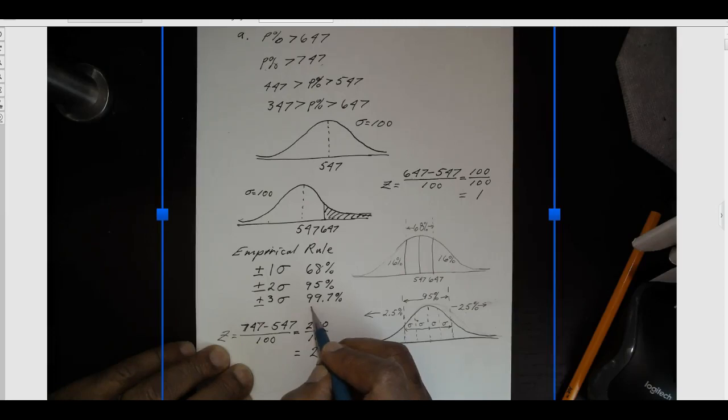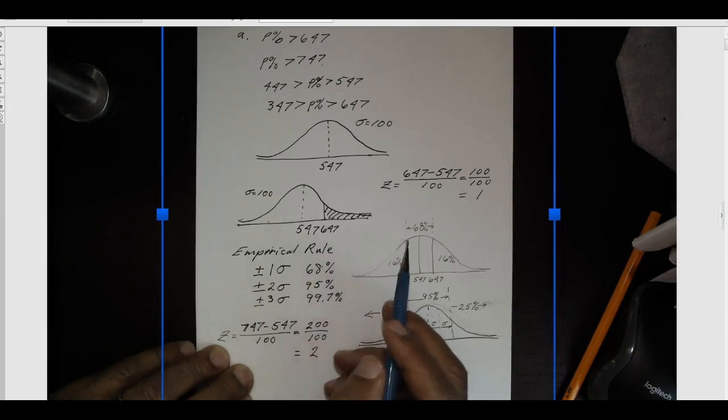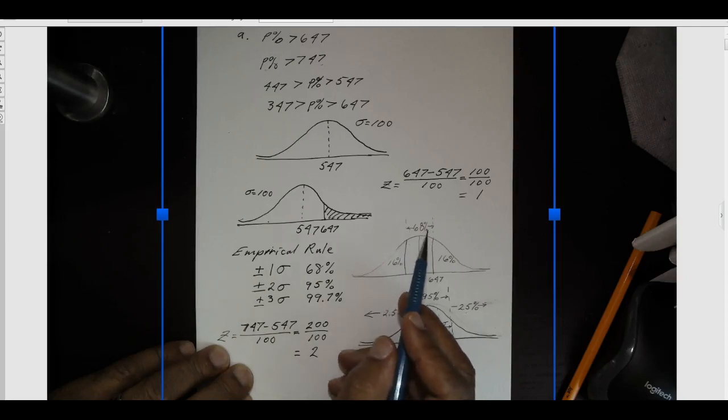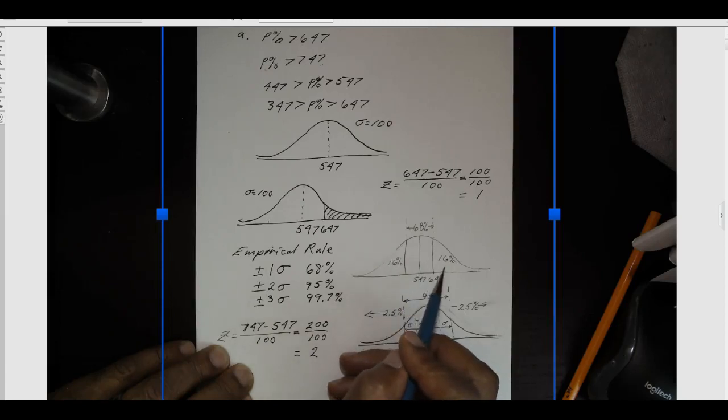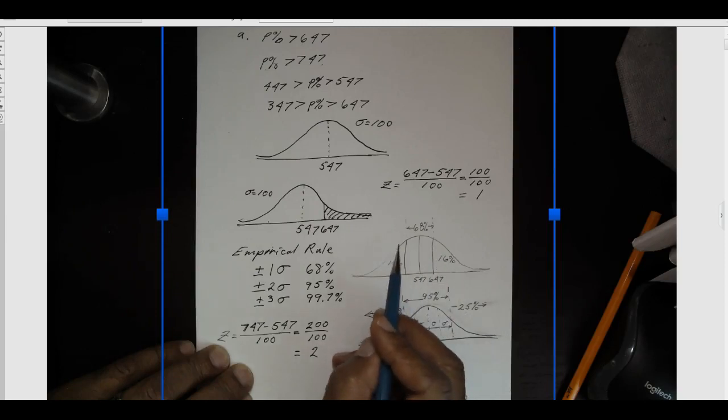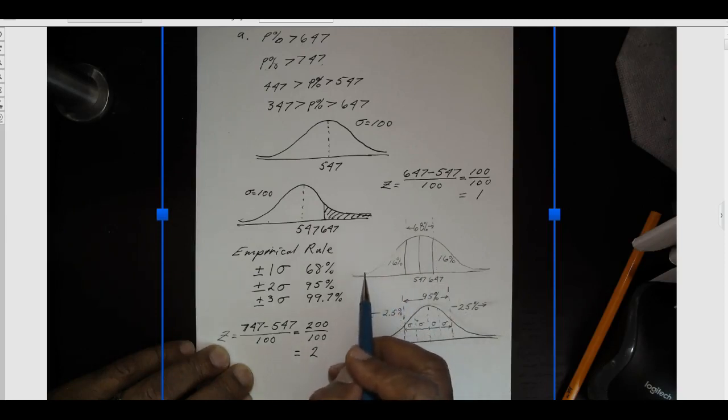Okay? So for the first problem, if we go 1 standard deviation above and below the mean, we capture 68% of the data values, which leaves us 32% of the data values left. And because we're dealing with a symmetrical distribution, we have to take that 32% and split it between this upper tail and this lower tail of the distribution.